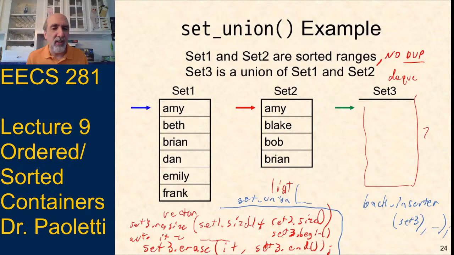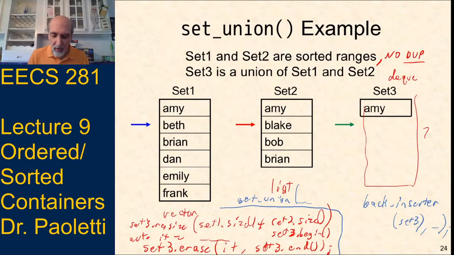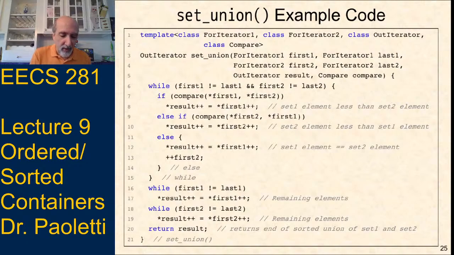So it's a way to wrap a push_back in code that does dereference result plus plus. When you write something to it and increment it, the back inserter tells the underlying container to do a push_back. Done.